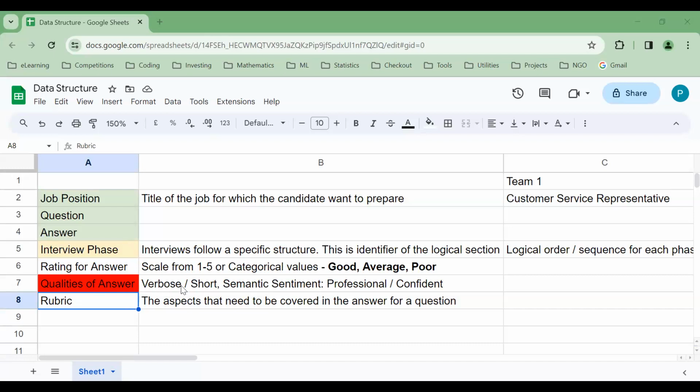Typically, in scenario-based questions, what we look at is how the person is structuring his or her answer. For example, if I say, give me a situation where you have handled the most critical, uncooperative patient, for a nurse.